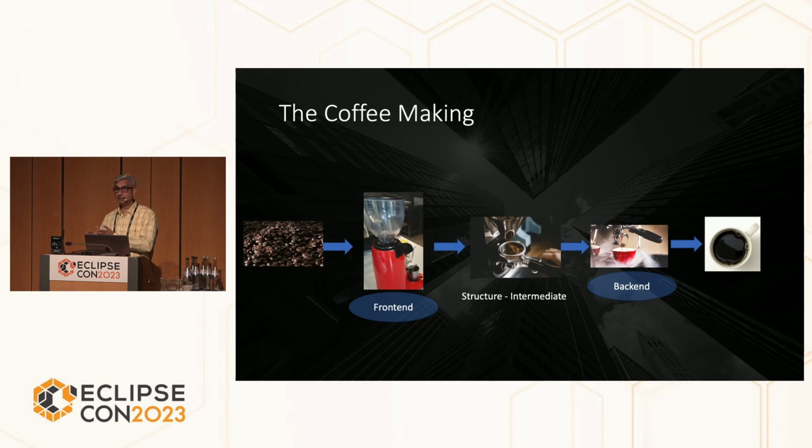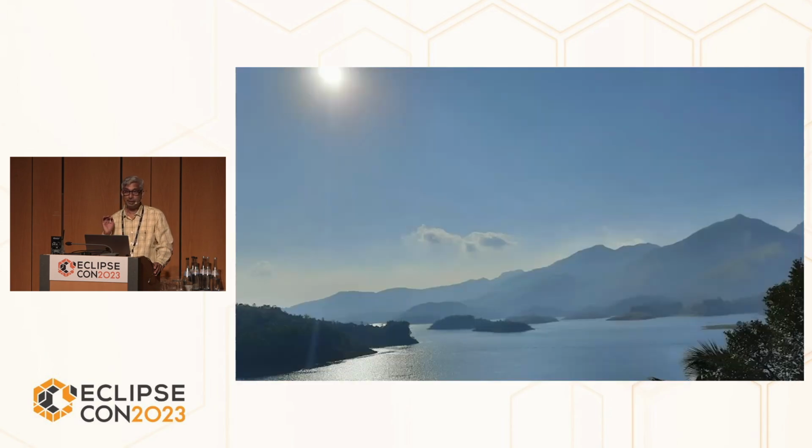The backend is the coffee machine, the old style machine where you put in that intermediate format and you get the coffee, which is the byte code. It's very similar to that. I'm going to talk about this front end, so let's get something more technical about it.